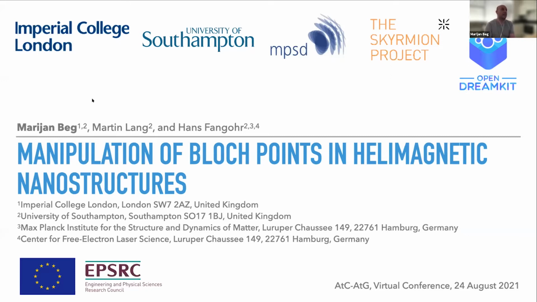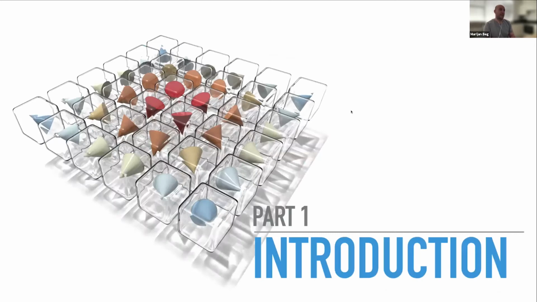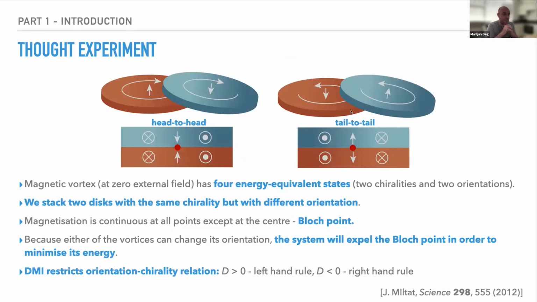I would first like to start with a thought experiment that led us to try to stabilize Bloch points in these kinds of structures. If we have a magnetic vortex in a disk, it can have 4 possible states, because we can have 2 different chiralities, let's say clockwise and counterclockwise, and 2 different core orientations.